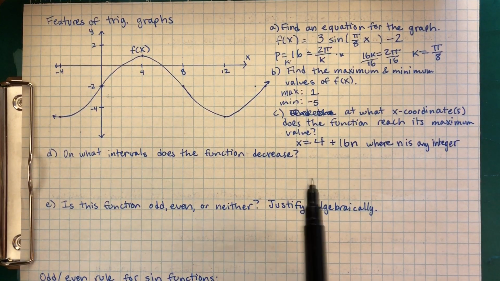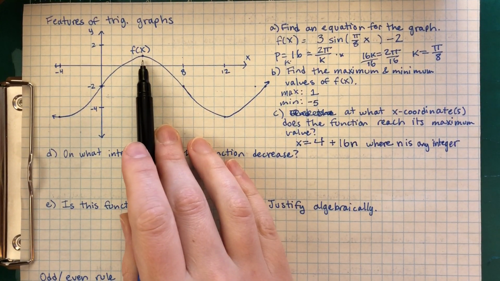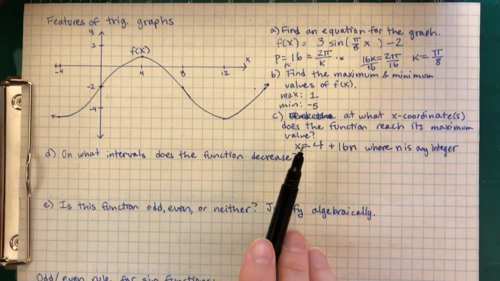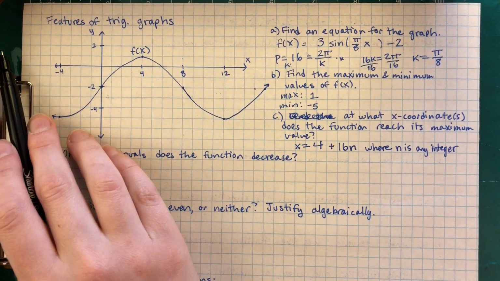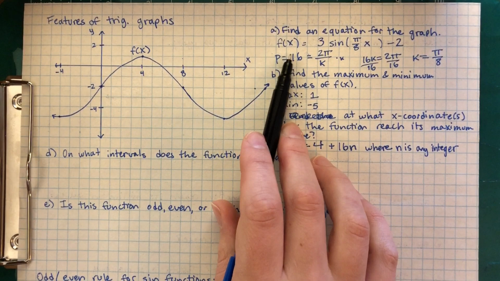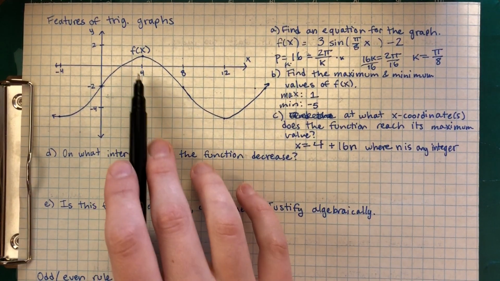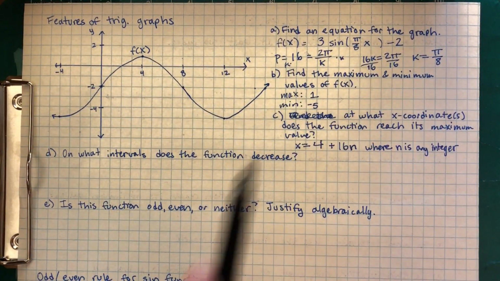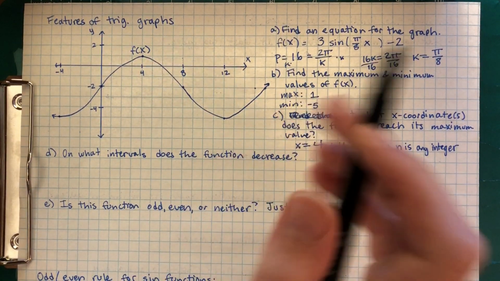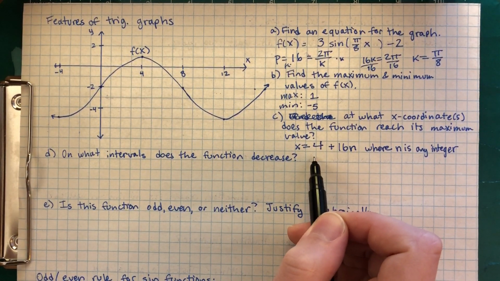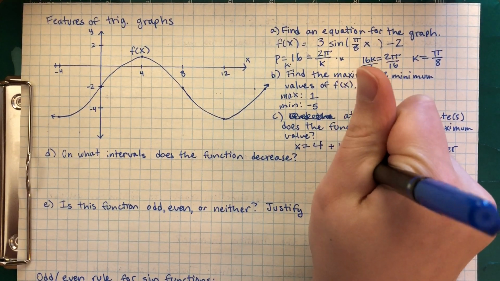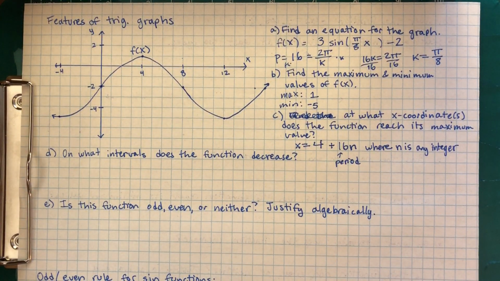So I could choose n equals 0, that would get me x equals 4, that's this maximum. I could choose n equals -1, that would get me an answer of x equals -12, that would be a maximum over here. If you choose n equals 1, that would get you the next maximum, that would be over here. And it's going to continue to reach a maximum every 16 units starting at x equals 4. So we find one that we can see, and then we add the period times n.